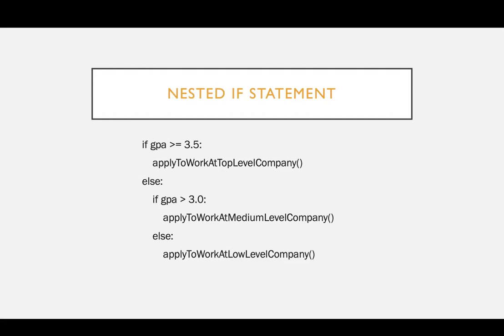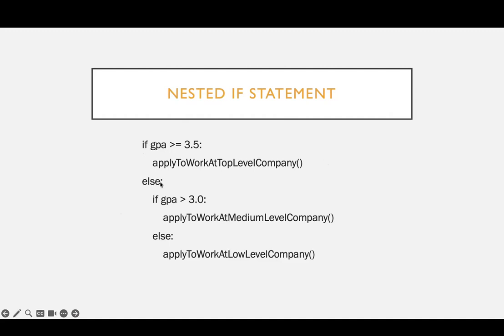So not only can we use just if and else, we can also nest if statements inside another if or else statement. Like here, we say if GPA is greater than or equal to 3.5, we're going to apply to work at a top level company.